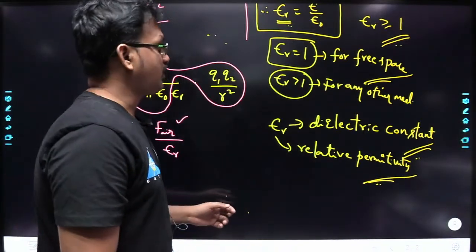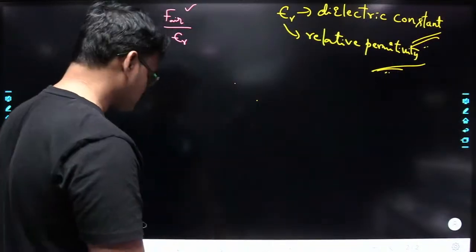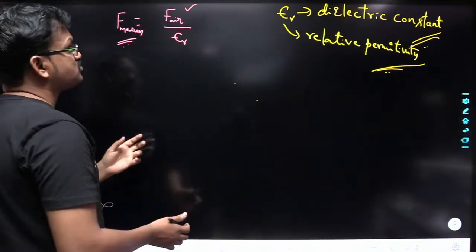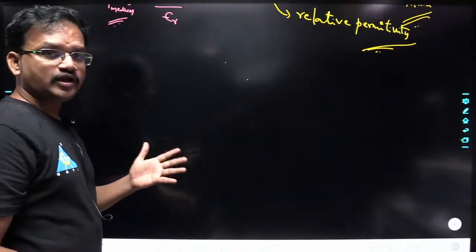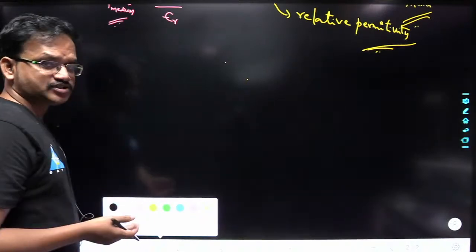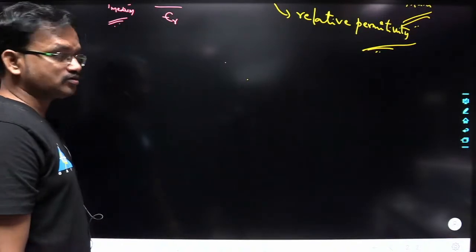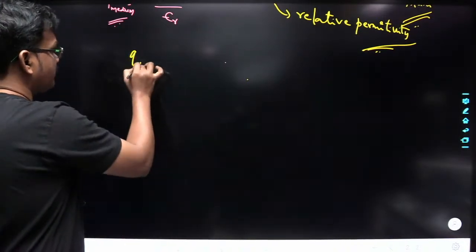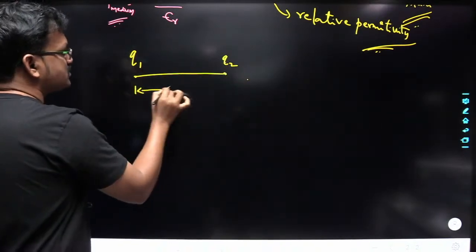Next, once we have completed this, we have seen how to determine the magnitude of force between any two point charges. Now we see how to determine the direction. We have taken q1, q2 separated by some distance r.